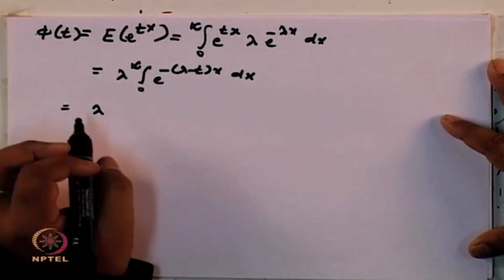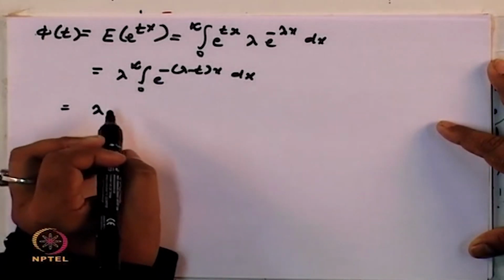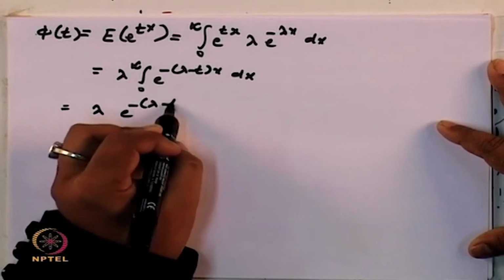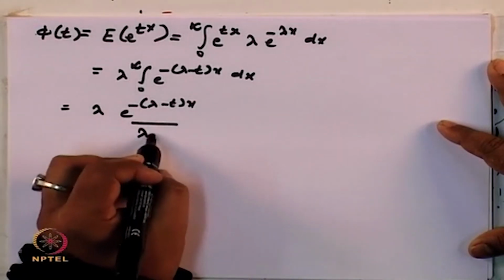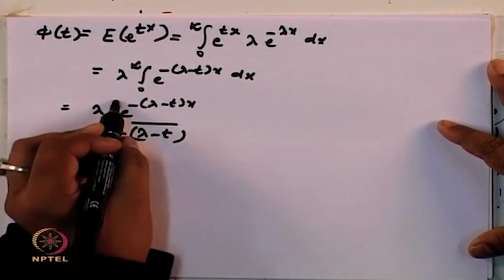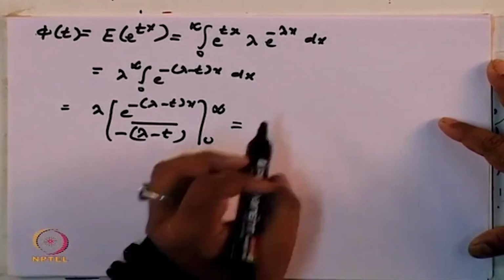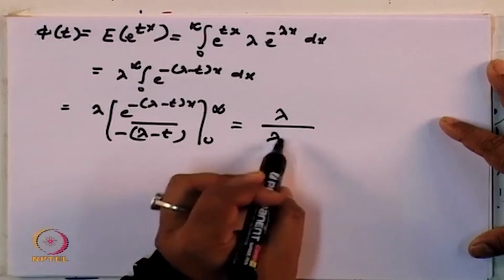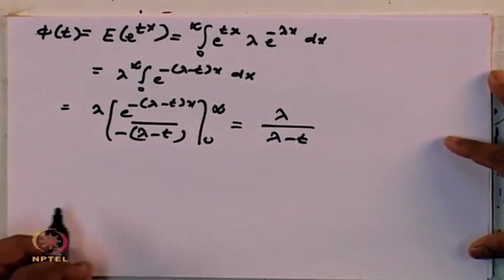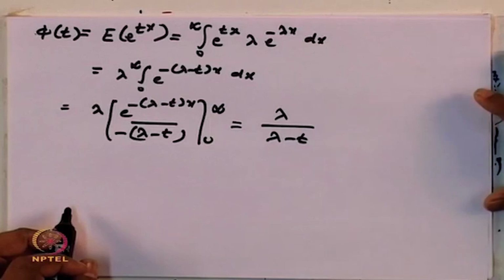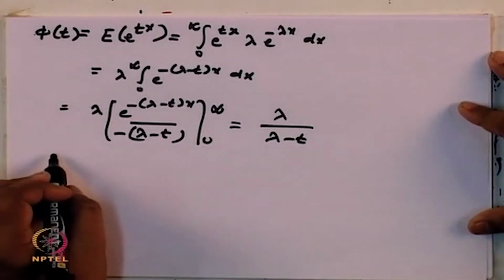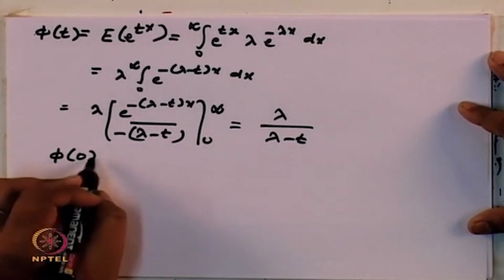This should give you e to the power minus (lambda minus t) x by (lambda minus t) with a minus sign, from 0 to infinity. So, this should give you a value of lambda by lambda minus t.